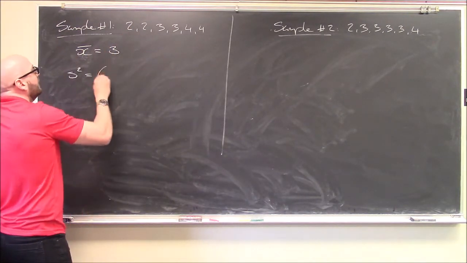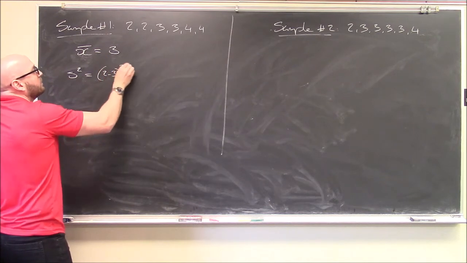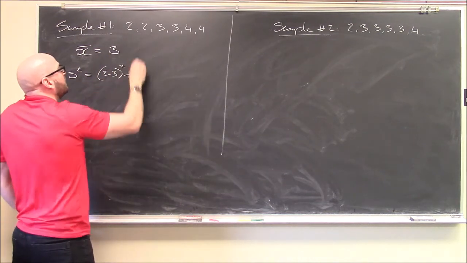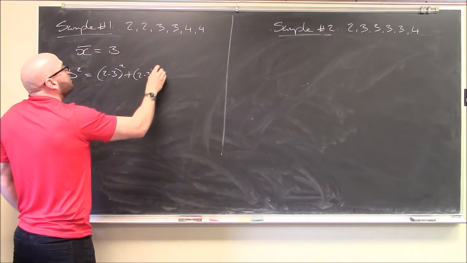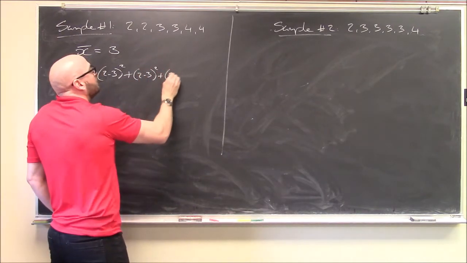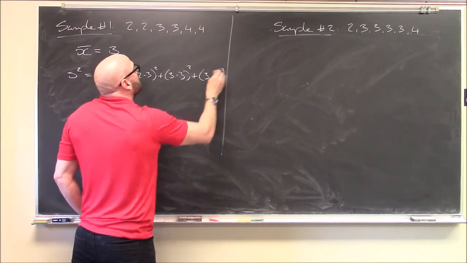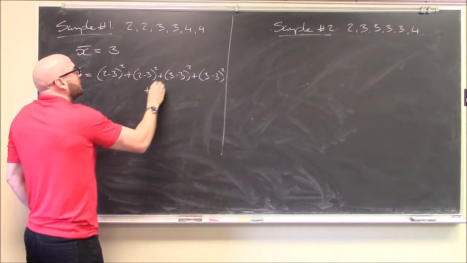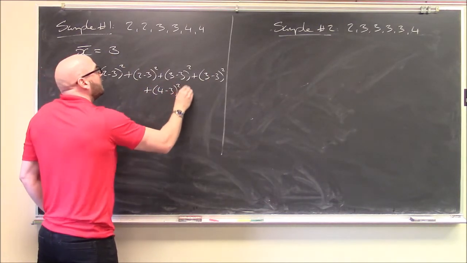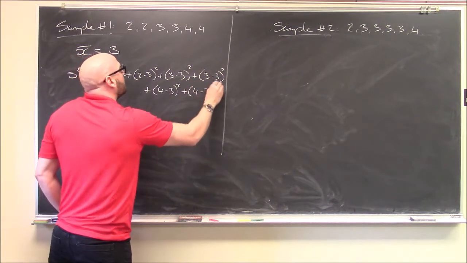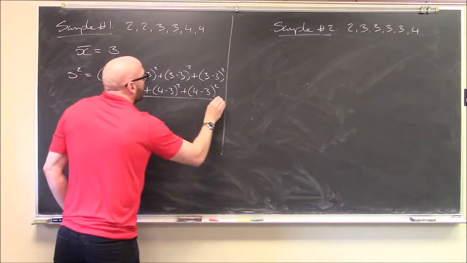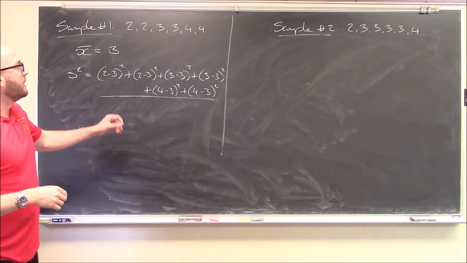So I've got 2 minus 3 squared plus 2 minus 3 squared plus 3 minus 3 squared plus 3 minus 3 squared plus 4 minus 3 squared plus 4 minus 3 squared. And then you divide by not n, you divide by n minus 1.